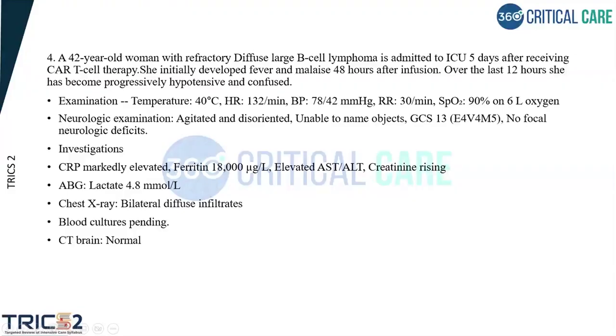GCS was 13, but there were no focal neurological deficits. Now, because it is CAR T cell therapy, the complication is the thing that they are asking here. So here the CRP is elevated, ferritin on the higher side, liver enzymes elevated, creatinine is increasing. Blood cultures are pending and CT brain is normal. Can anyone tell me what is the diagnosis here?